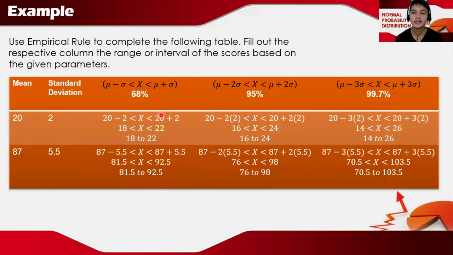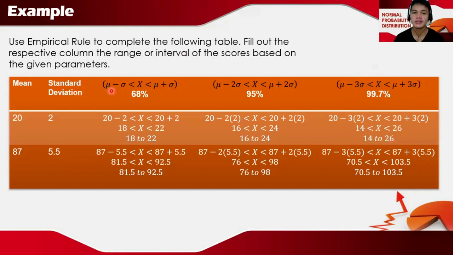To compute for the 68% probability area, we have an interval of 18 to 22. For the 95%, we have 16 to 24. And for the 99.7%, we have 14 to 26.